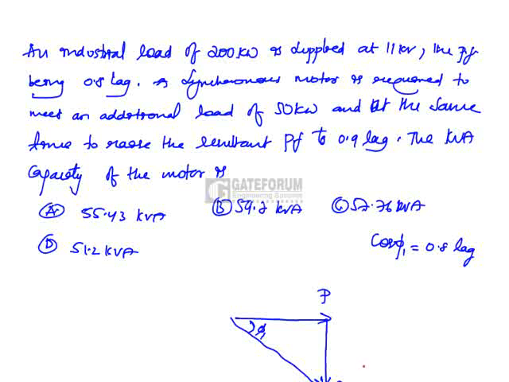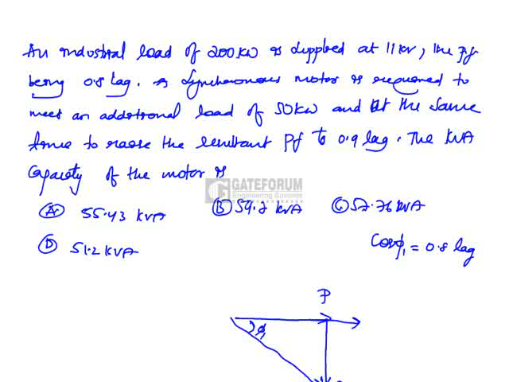Now, a synchronous motor is required to meet an additional load of 50 kilowatt. That means power increased by around 50 kilowatt, and at the same time to raise the resultant power factor to 0.9 lagging. That means we have to supply real power as well as reactive power.